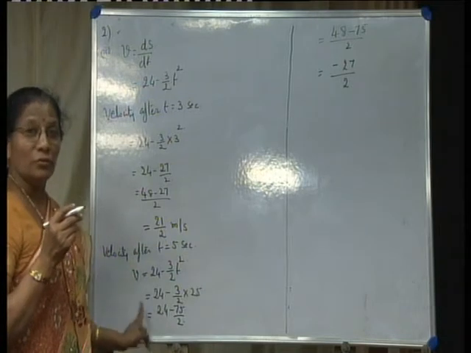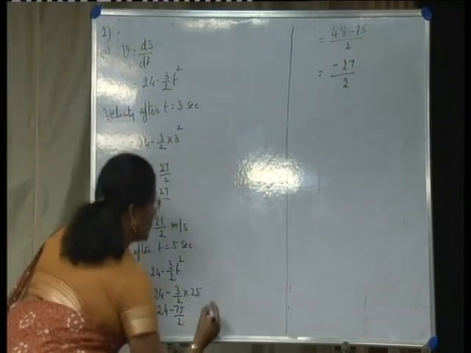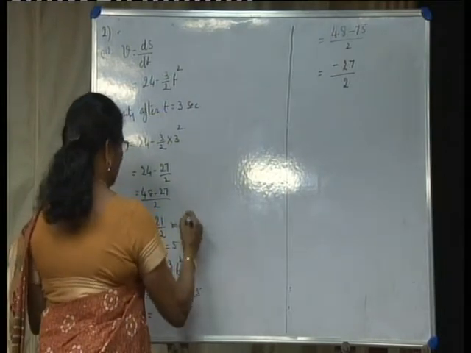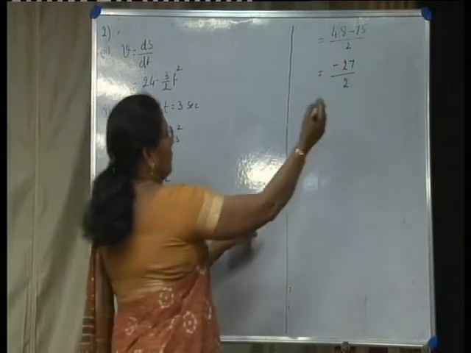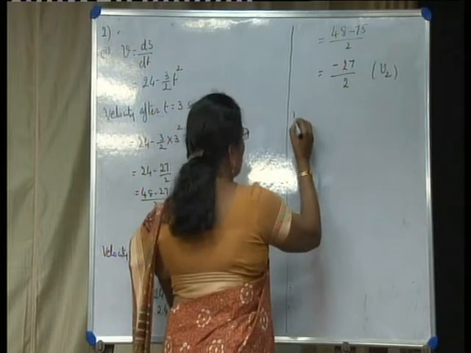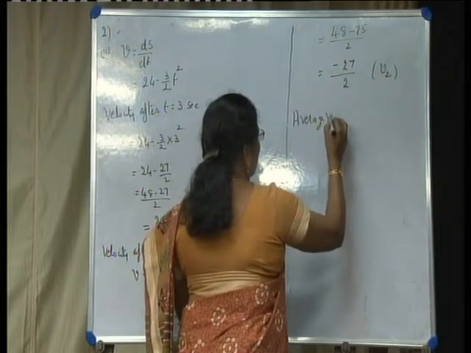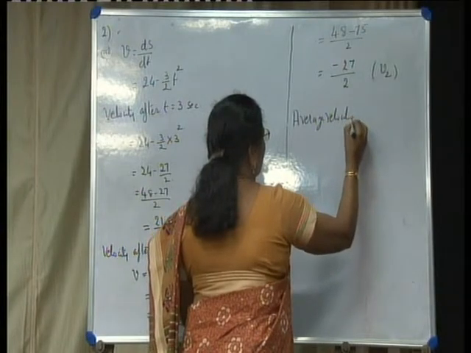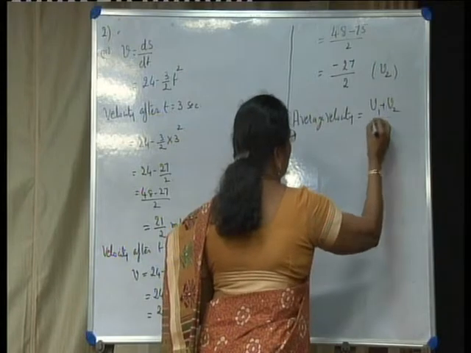Now, we are going to find the average velocity. Say this one is v1, this is v2. Average velocity is equal to v1 plus v2 by 2.